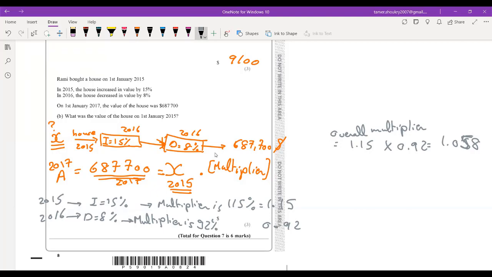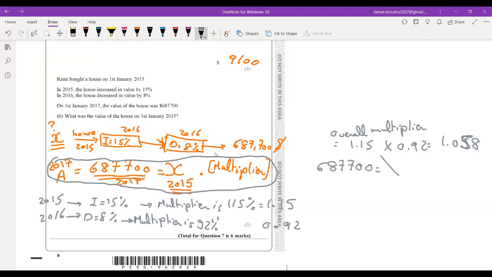Let's return to the equation. The equation says that the amount 687,700 is equal to the initial price, which is X, multiplied by the overall multiplier, which is 1.058.